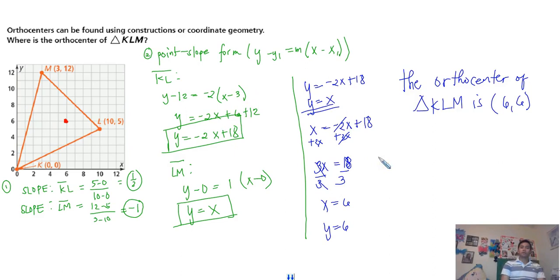So that is how you find your orthocenter. One is to find the slopes of two sides, and then using those slopes, you find the perpendicular to each of the sides, and then use substitution and solve for the values of x and y, and that's the orthocenter.